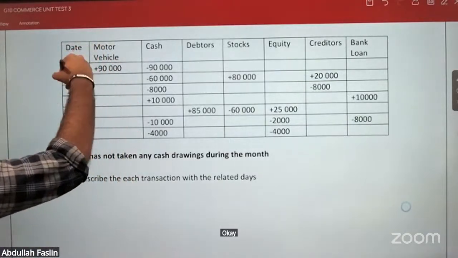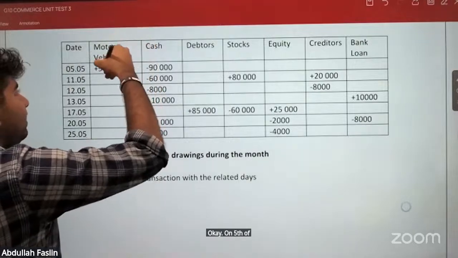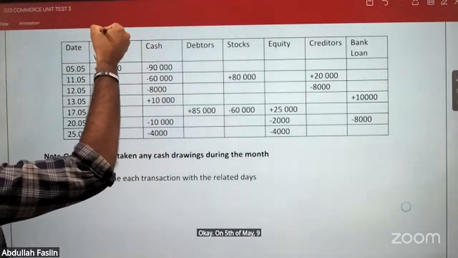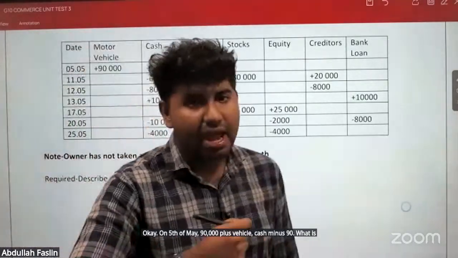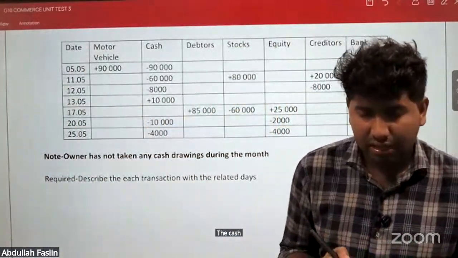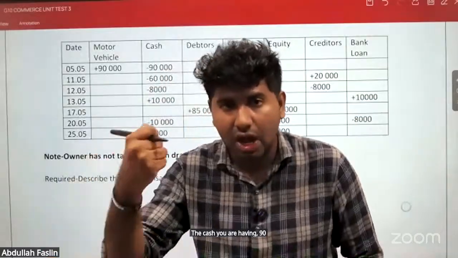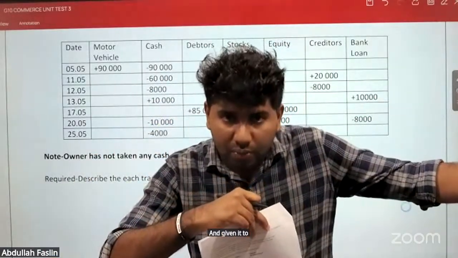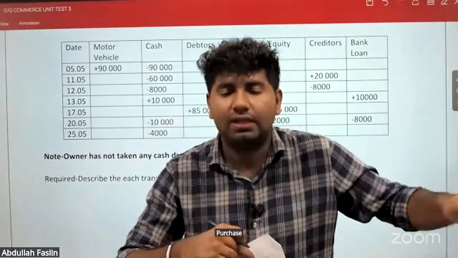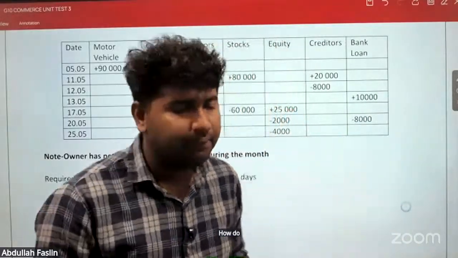Okay. On 5th of May, vehicle plus 90,000, cash minus 90,000. What is the meaning? The cash you are having, 90,000 you have taken out and given to purchase a motorbike. How do we write it?